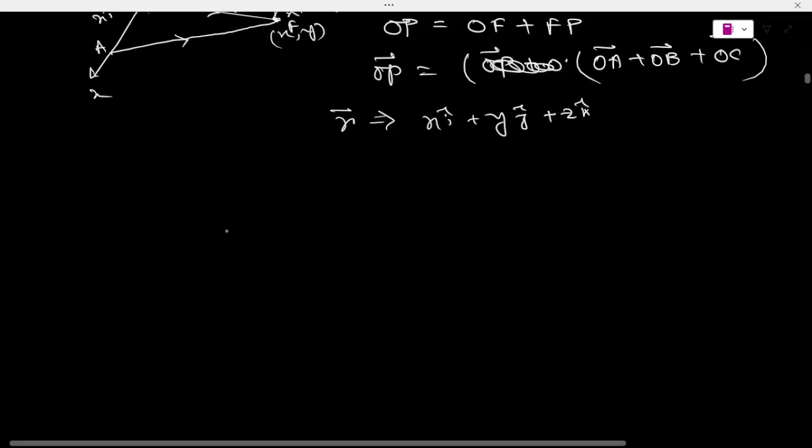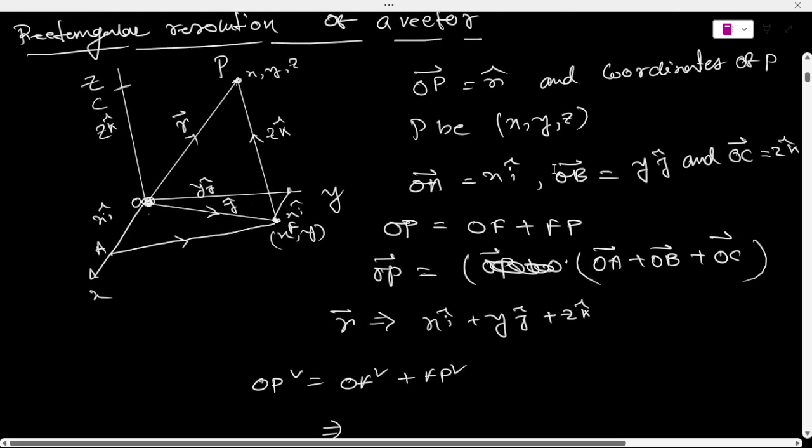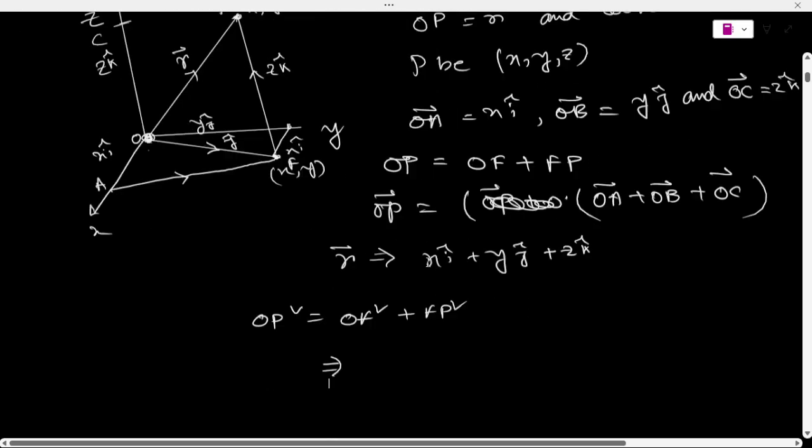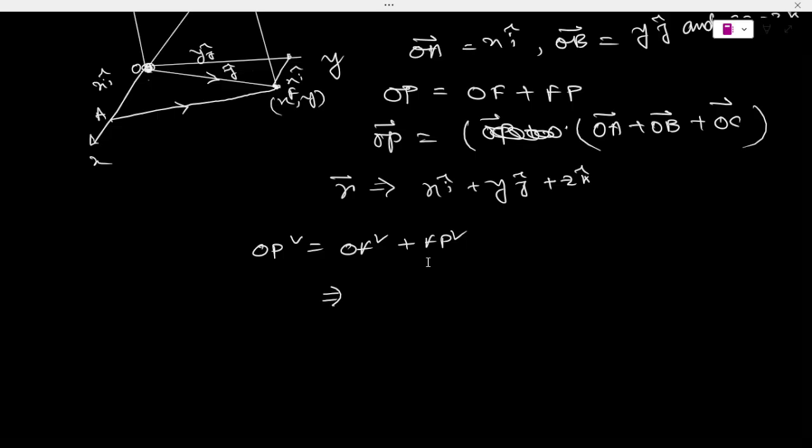So now OP square is equal to OF square plus FP square. So what does OF mean? Here we find that OF square is OA square plus AF square, plus FP square.